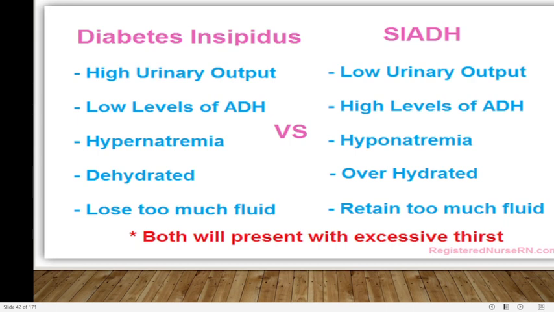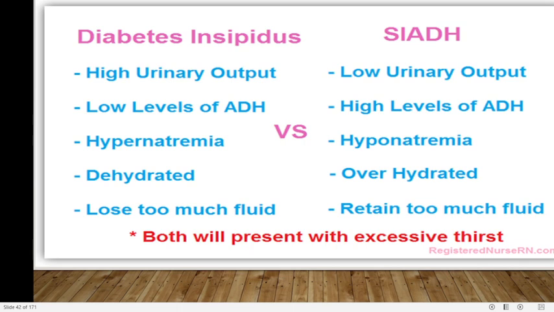But for SIADH, syndrome of inappropriate ADH production, we have low urinary output, high levels of ADH, hyponatremia, overhydrated, and retain too much fluid. Remember, both will present with excessive thirst.